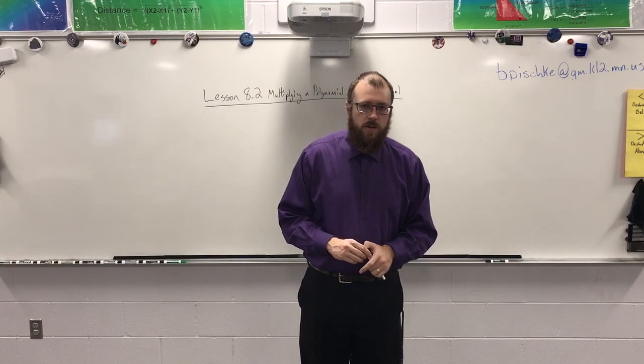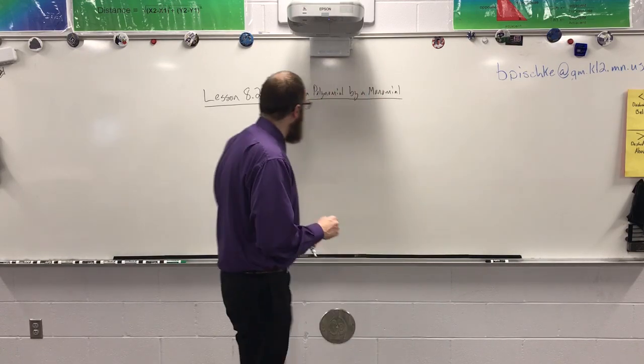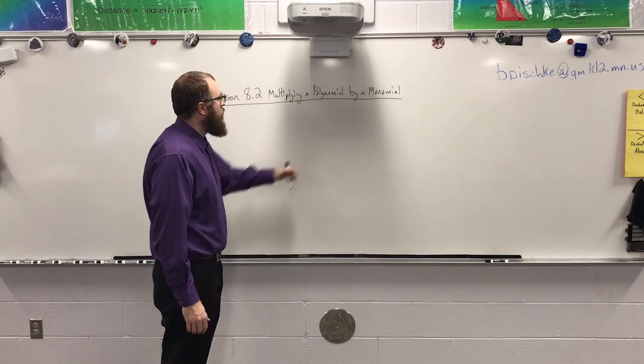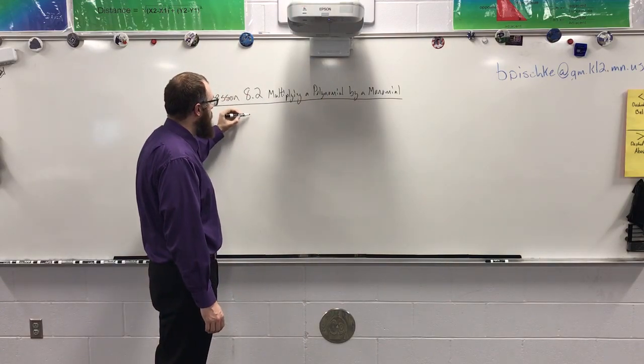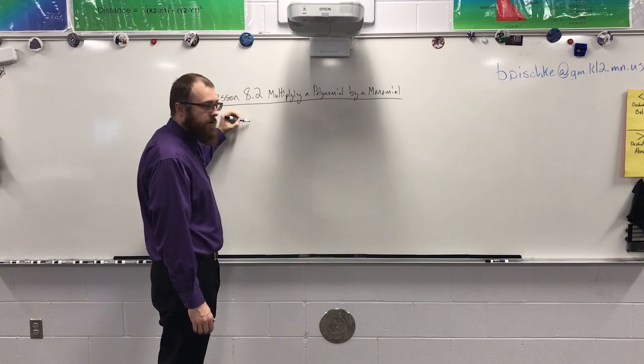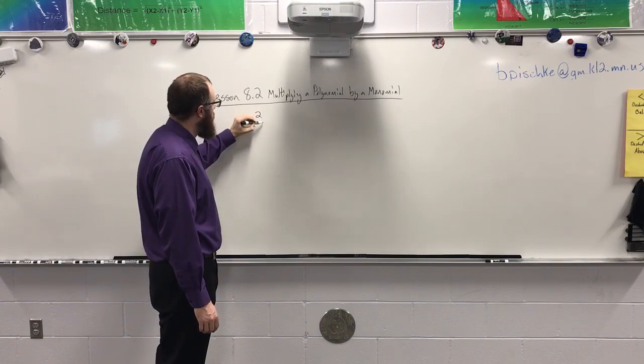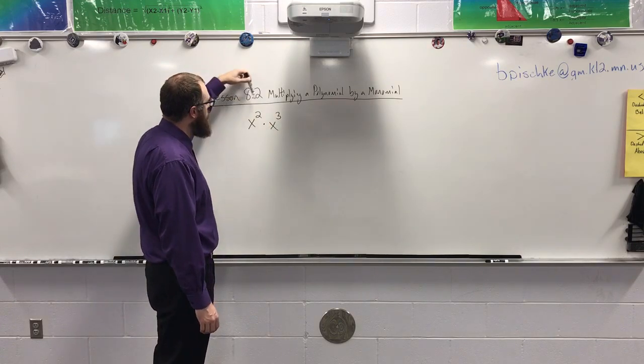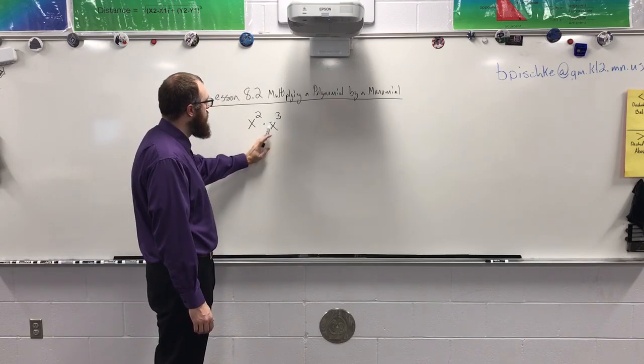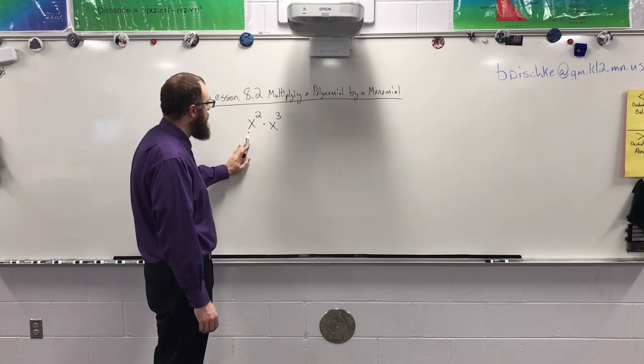Alright, so let's start our discussion. First of all, we worked with monomial times monomial situations earlier. X squared times x to the third. When we multiply monomials, we add the powers. We do not change the bases.